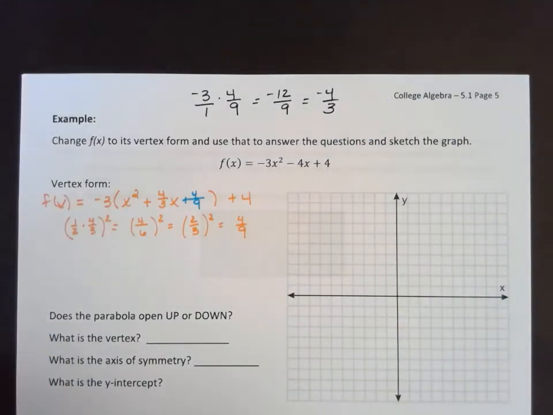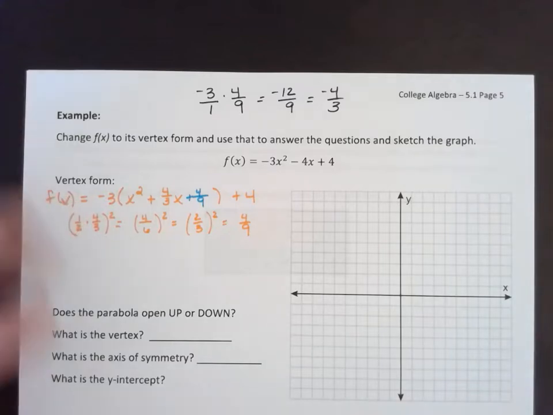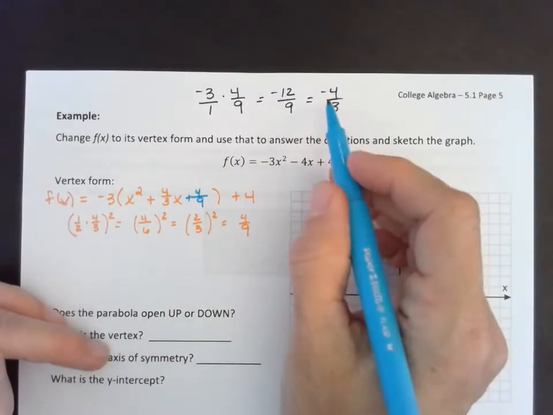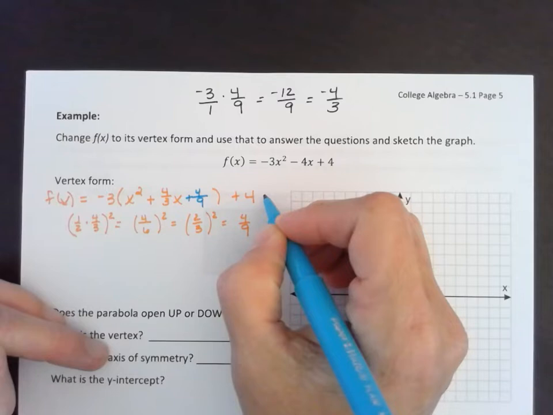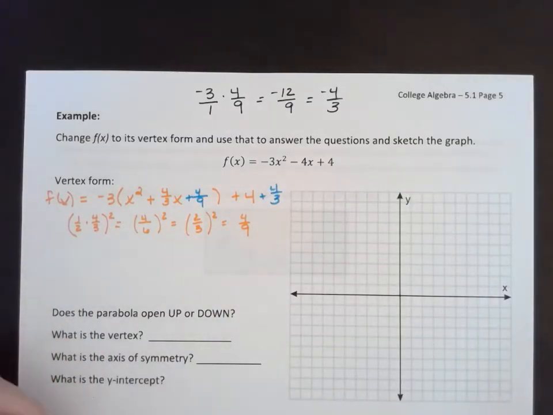That's really what I added in there. So if I added a -4/3, that's like subtracting 4/3, right? I need to add 4/3 on the outside to keep it all balanced.